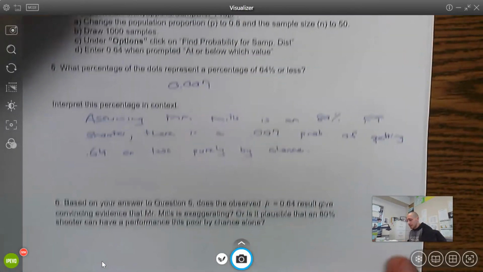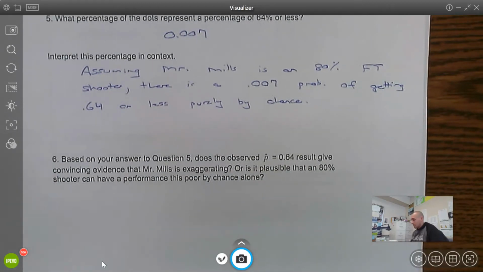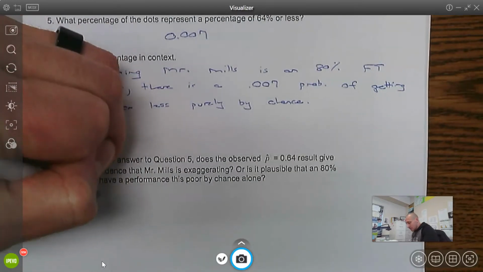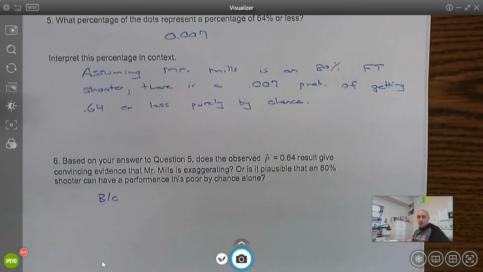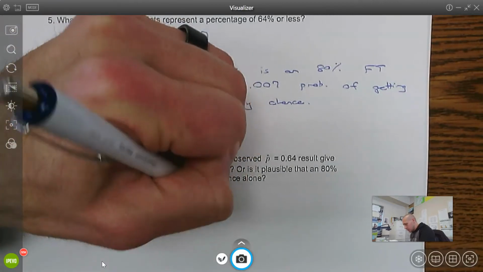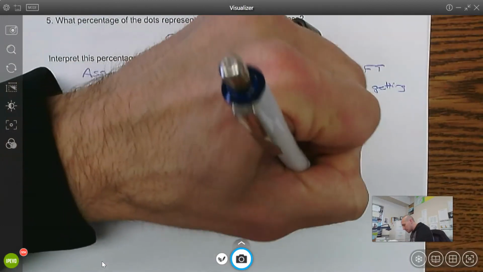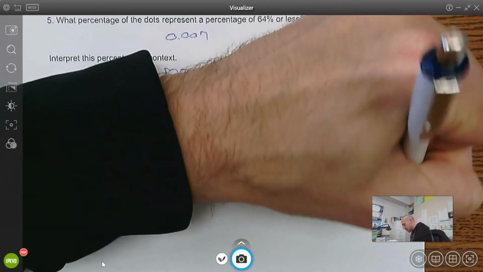So now we kind of lead into this idea, well, if that's the case, do we have a lot of evidence that maybe Mr. Mills is lying? Yes, we do. Because an 80% free throw shooter hardly ever makes 64% of their shots or less by chance. Remember, we're assuming that I'm making 80% of my free throws, and that whole sampling distribution is based off of that. So I'm going to say because this 0.007 is less than 0.05, that's our threshold for statistically significant, that means the results are statistically significant.